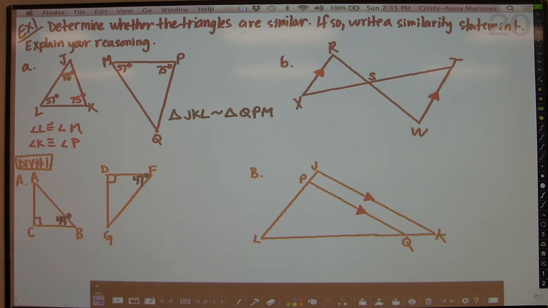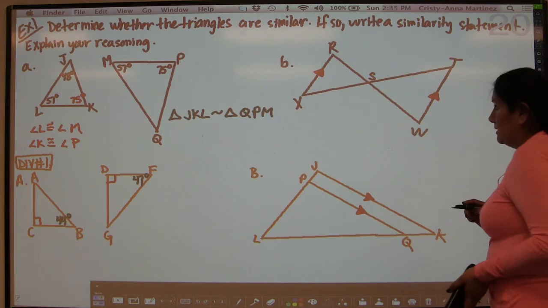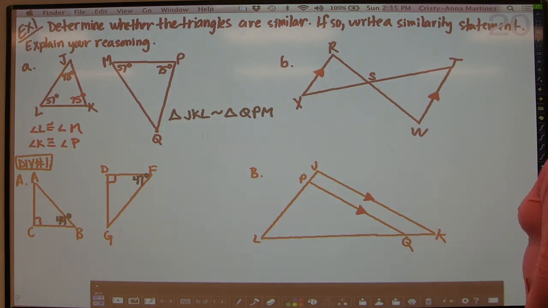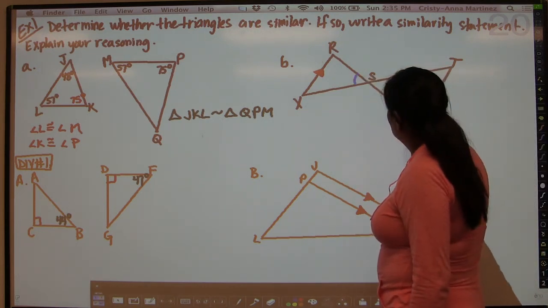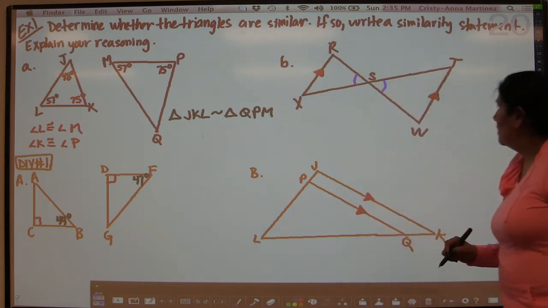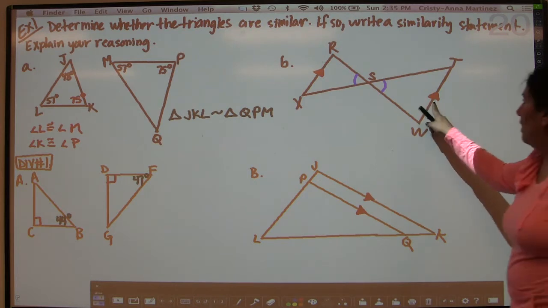In part B, we don't have any of the angle measures given to us, but we do know that vertical angles are always congruent, so we can automatically mark this angle congruent to that angle. And we also have that they're parallel.